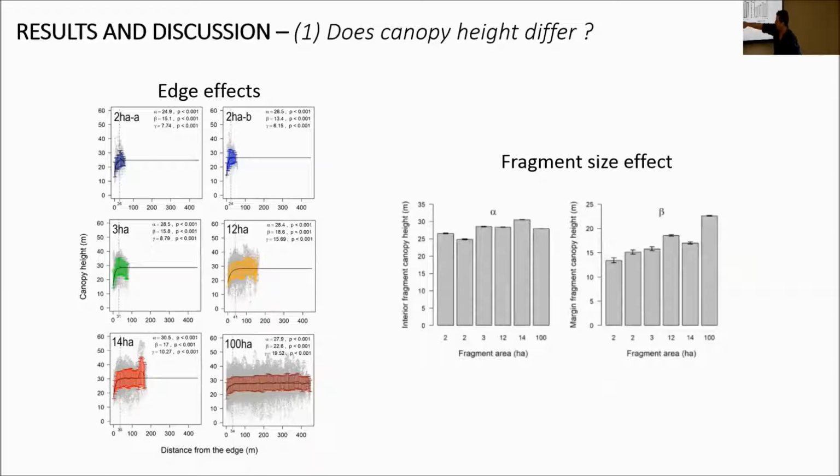We can see the smallest fragments have low height in the interior too. Basically what happened is that the whole fragment was affected. The larger fragments don't affect the interior as much as the small ones.